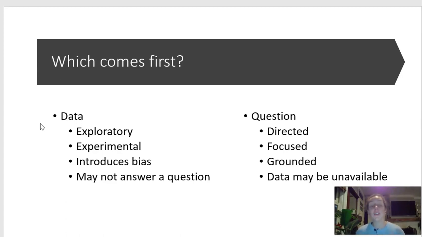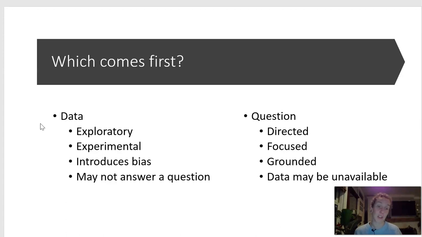So if you have your data come first and you're like, oh my goodness, I found this amazing data set and I want to go and ask questions of it, then what you're doing is something that's exploratory. It's experimental. It's going out, it's digging, it's looking for some sort of insight to come from your data. This method introduces bias, right?